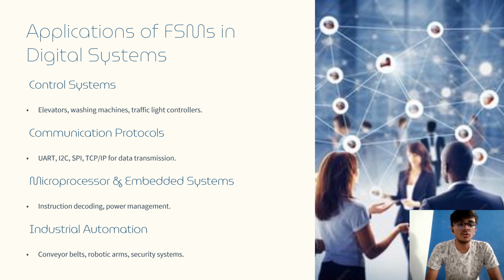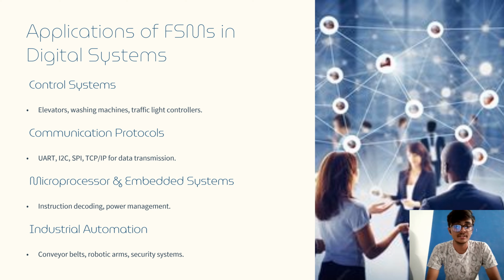There are applications of FSMs in digital systems. First is control systems. In elevators, washing machines, and traffic light controllers, we use FSMs. Second is communication protocols. UART, I2C, SPI, and TCP/IP for data transmission.